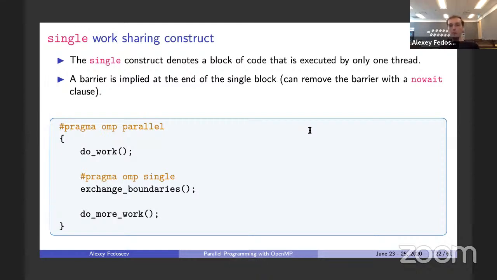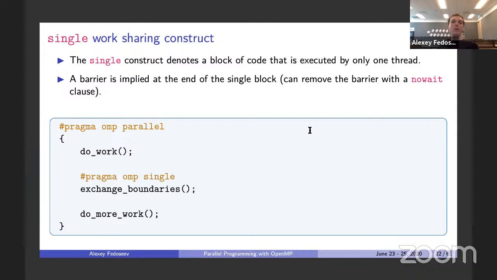Another construct that you need to be aware of is when you need to perform work only once. Remember how we only printed the message on the screen once? I said we don't need to see something 8 times. I wanted to see it once. Well, that's an example. I need only one thread to do that. And in order to single out one thread to do a particular task, we can use the single work sharing construct. So inside of your parallel region, you have some function that runs in parallel, does work.